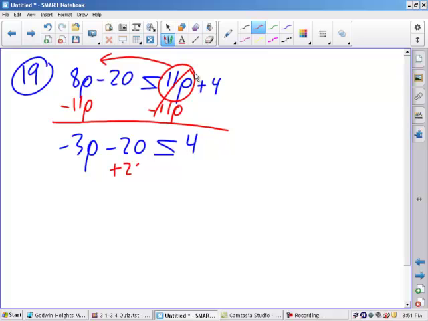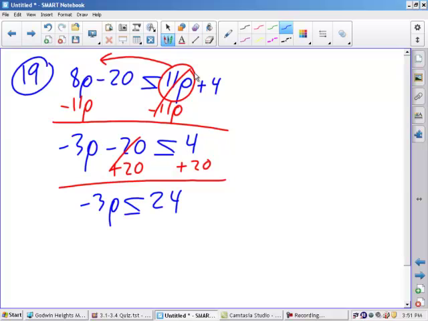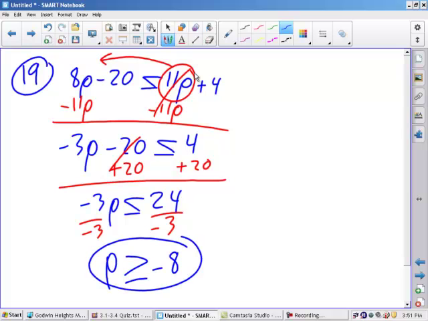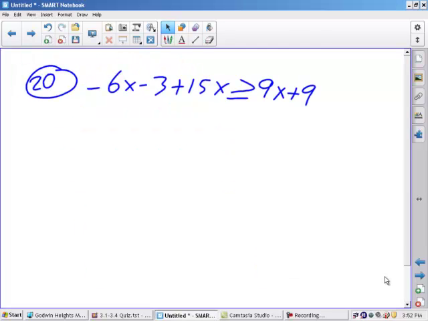I then need to add 20 to both sides, cancel out, and I get negative 3p is less than or equal to 24. I divide by negative 3, and careful, I get p is greater than or equal to negative 8. Switch around.